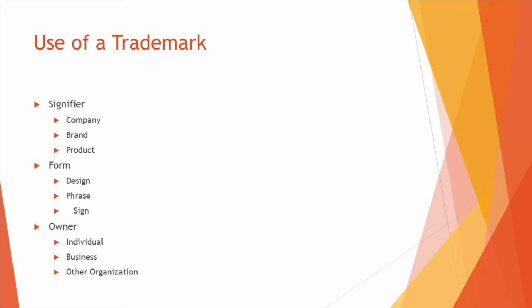For example, let's take the company Warner Brothers. Now, any logo, name, or slogan that represents Warner Brothers can be considered a trademark. Similarly, one of their brands, such as DC Comics, can also be represented by names, slogans, logos, etc., and those would also be considered trademarkable.